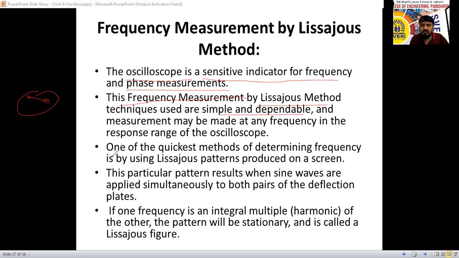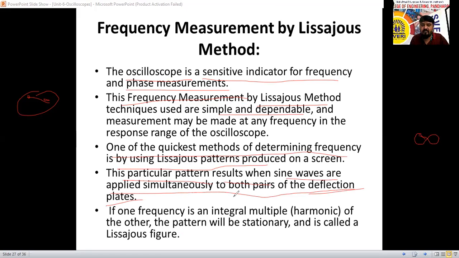It is one of the quickest methods of determining the frequency, using the Lissajous pattern produced on the screen. It is going to produce patterns like this. I think you have studied this in physics. This particular pattern results when sine waves are applied simultaneously to both pairs of deflection plates, the horizontal plates and vertical plates.